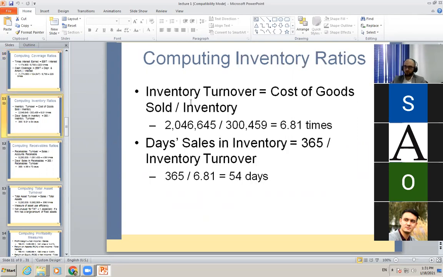There are some inventory ratios that, as I told you, you should look at in financial analysis, like inventory turnover and days' sales in inventory: how many days it takes to turn over your inventory, and how frequently you turn over your inventory within a year.